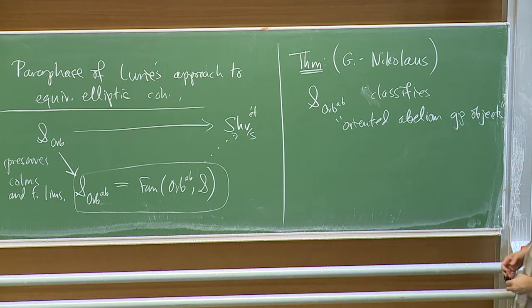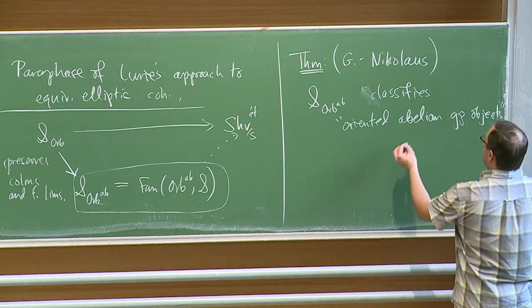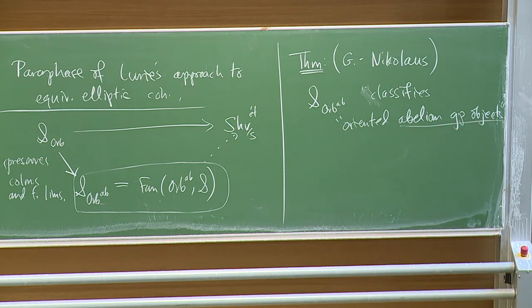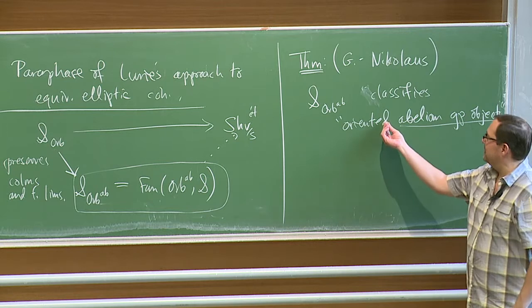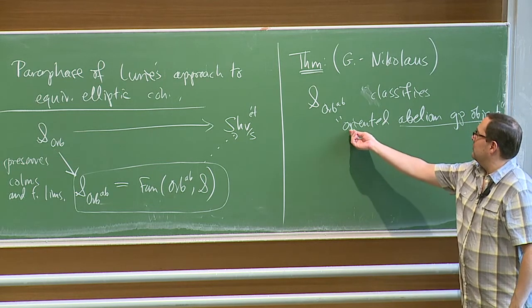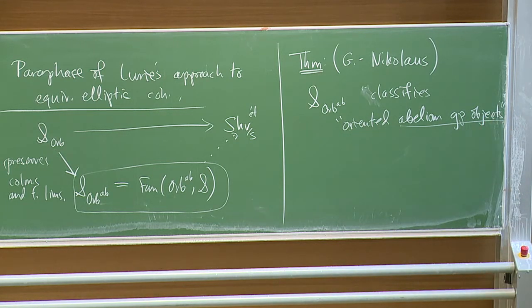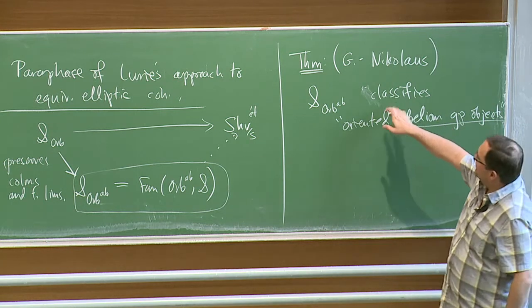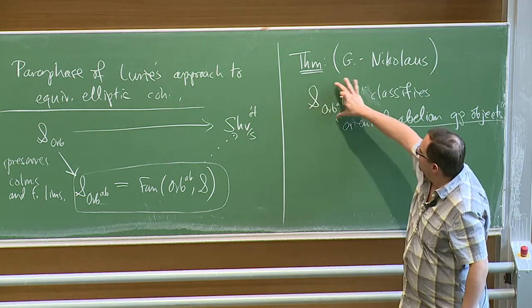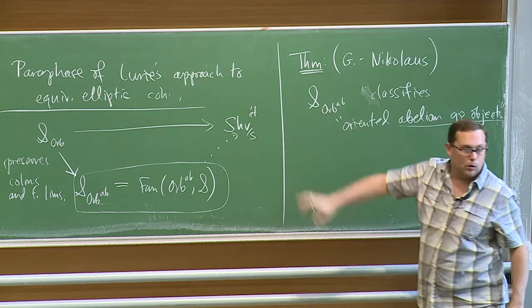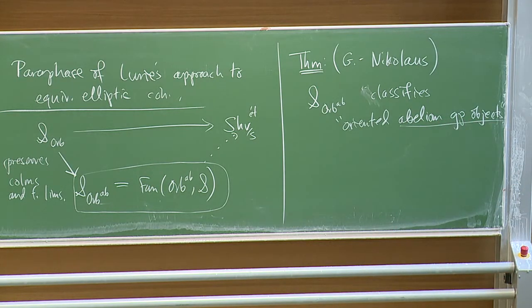In other words, you can imagine what an abelian group object is. I didn't tell you what it means for it to be oriented; I will in a moment. But in the sense that this thing carries the universal oriented abelian group.